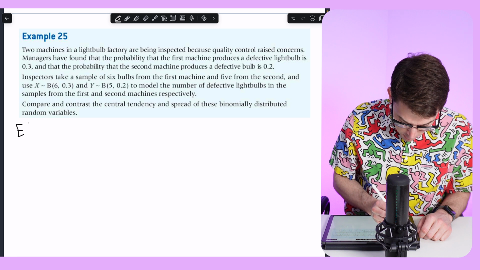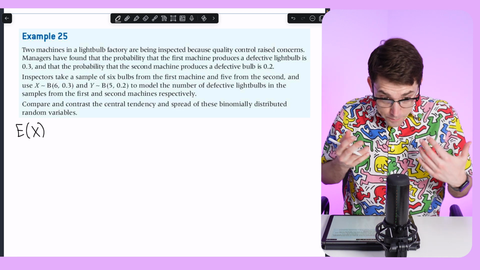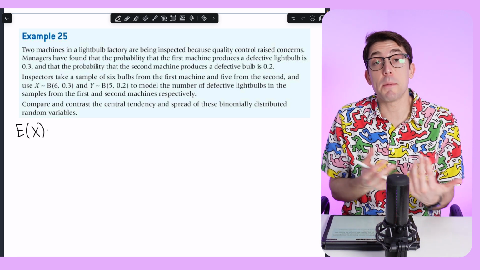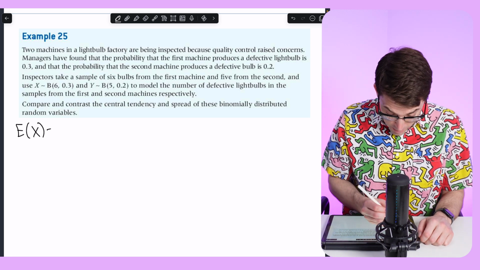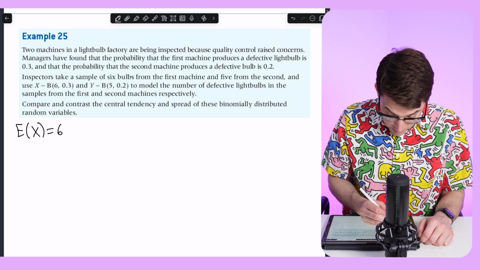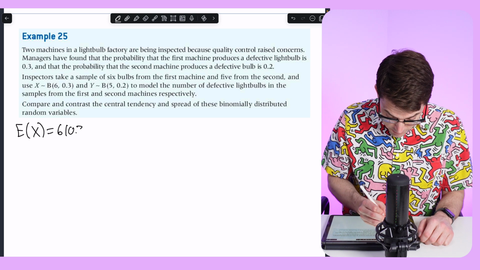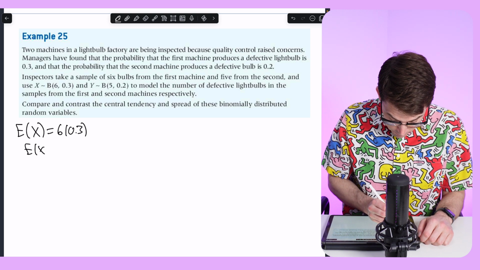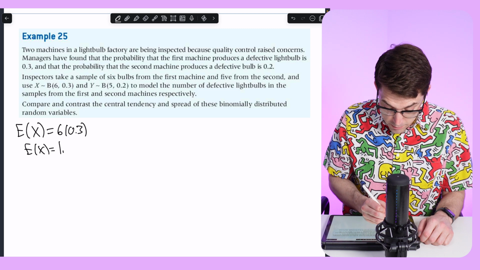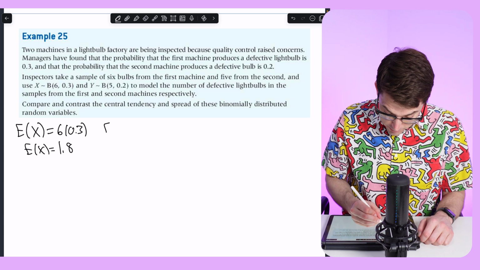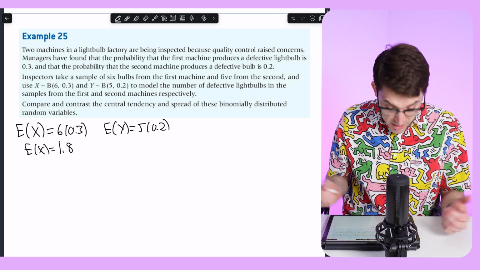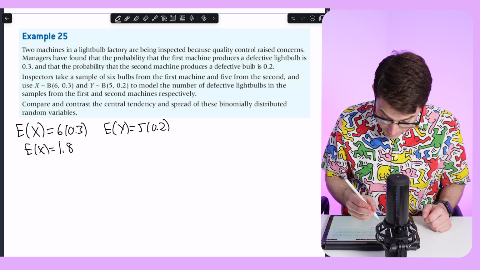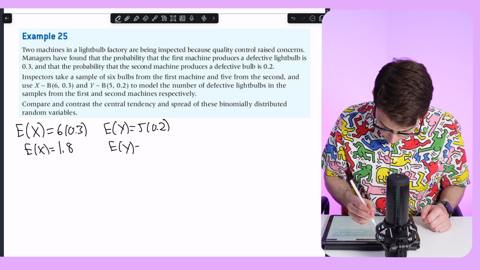How many light bulbs should I expect to be broken from the first machine? I know that my number of bulbs I'm taking is 6, and I have a value of 0.3. So my expected number of broken light bulbs is going to be 1.8. And then my expected value of Y would be 5 times 0.2, again just np, as we discussed above, and that is going to give me a value of 1.